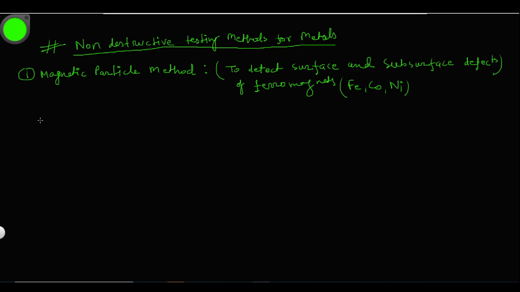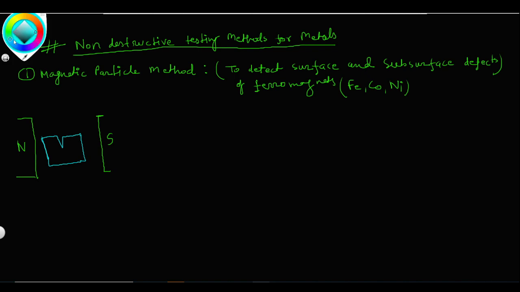So what is the magnetic particle method? Suppose in between a magnet, this is the north pole, this is the south pole, we put the specimen. Suppose this is the specimen with a defect here, and we place it inside the magnet.